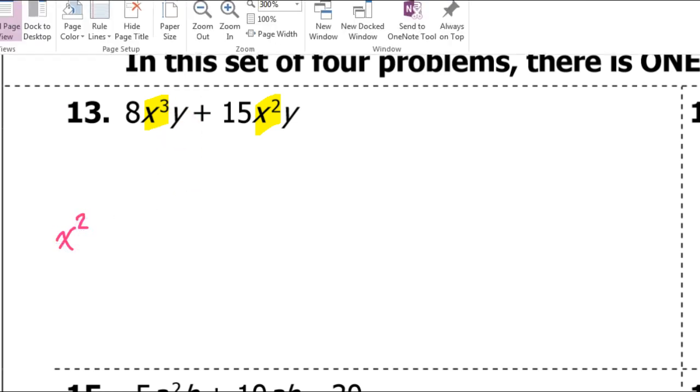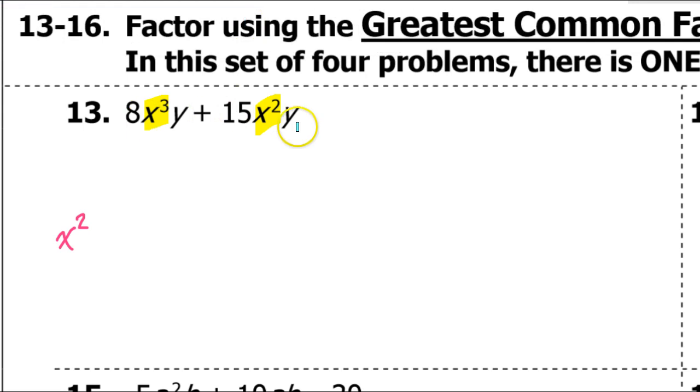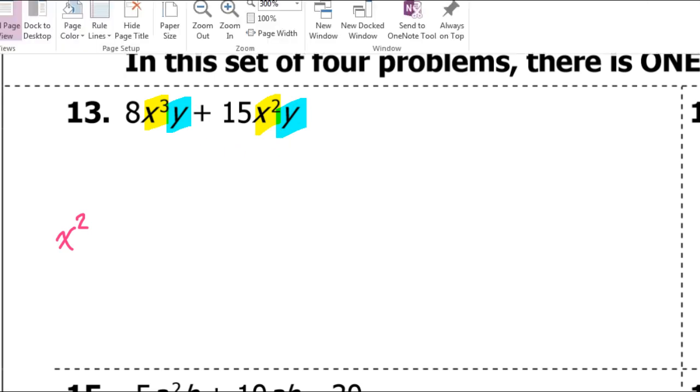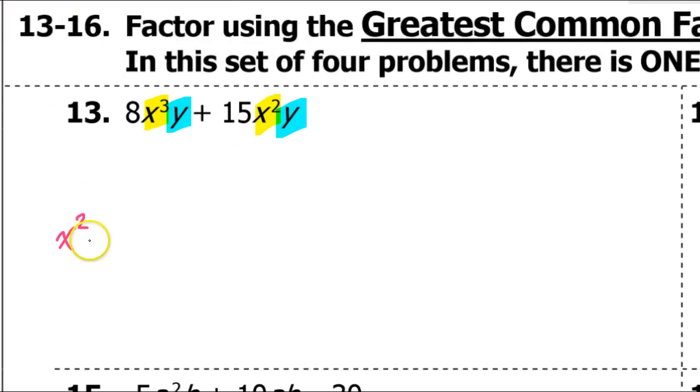Okay, now look at the y's. Do both terms have y's in them? Yes. The first term has 1 y. The second term has 1 y. So I will definitely put 1 y in the GCF. Now, finally, I look at the numerical part, and I ask myself, is there anything other than 1 that divides evenly into 8 and 15?